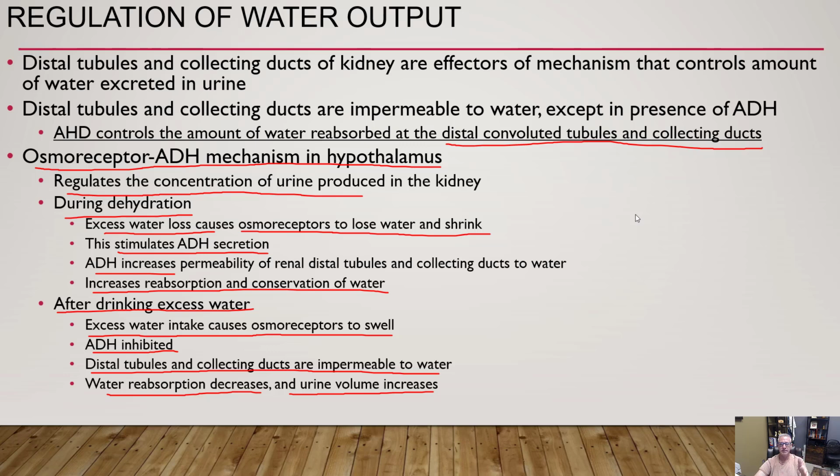Alcohol inhibits ADH. So therefore, alcohol will increase the volume of urine that is produced. So alcohol inhibits ADH and will increase the amount of urine that is produced.